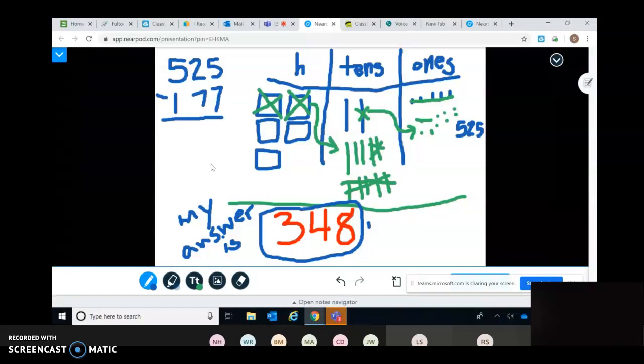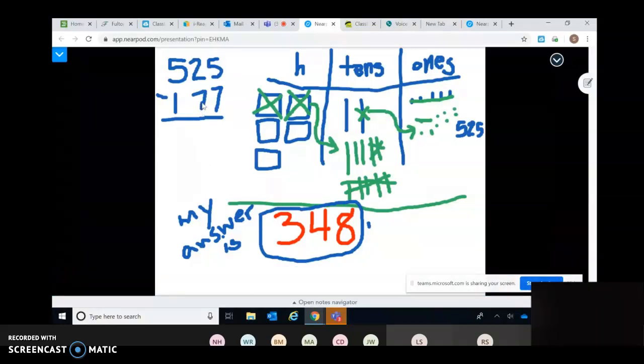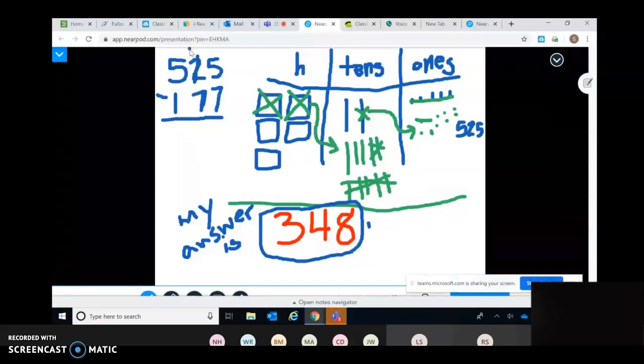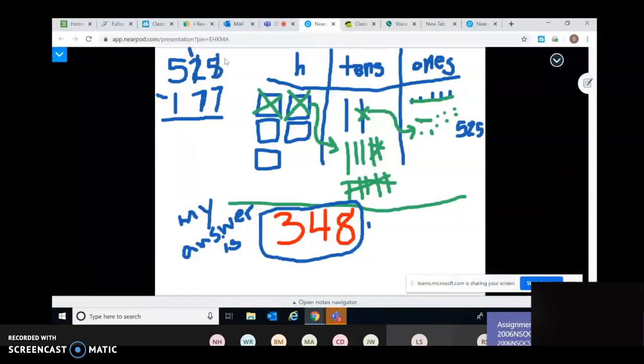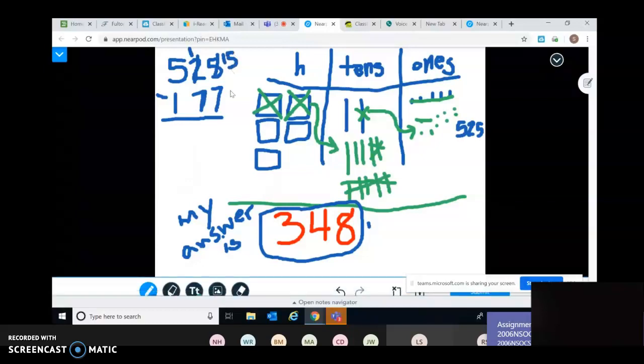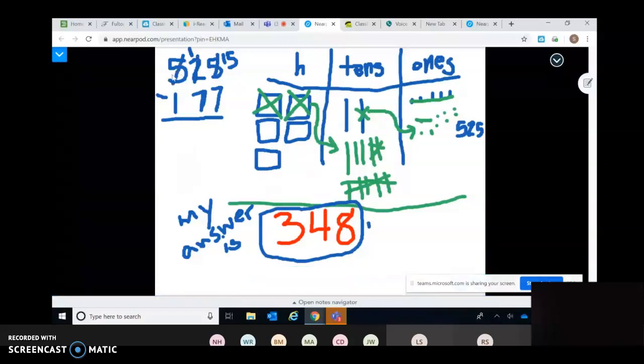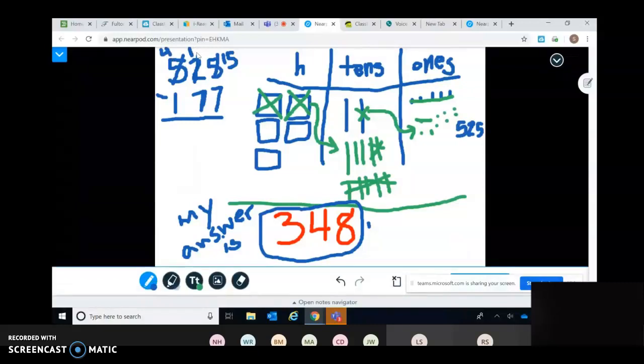Now I can check with the standard algorithm real quick if you need to. Again, I don't have enough ones. Regroup from the tens, that becomes a 1. Add that 10 to the 5, becomes 15. Right here in the tens, I don't have enough. We're going to regroup from the 100, that becomes 4, and that becomes 11.